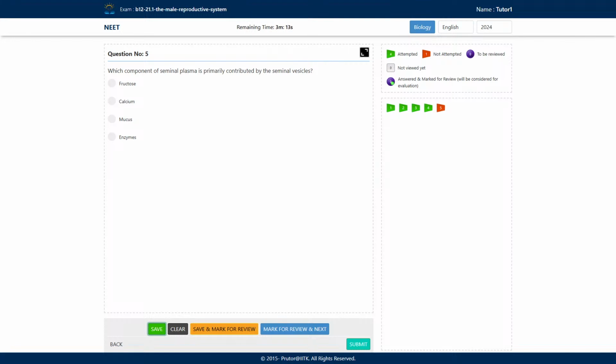So here they are asking about a component of seminal plasma which is primarily contributed by the seminal vesicles. So the secretion of seminal vesicle contains what? Fructose, calcium, mucus or enzymes. So what will be the correct answer?